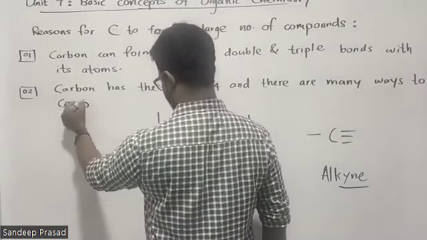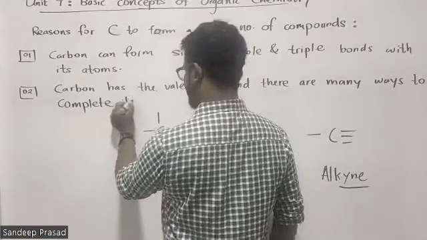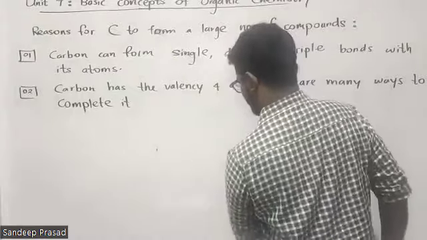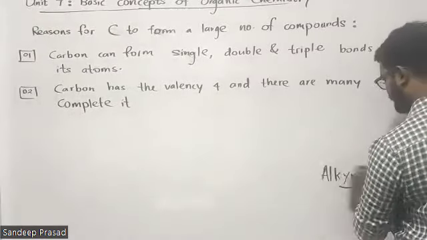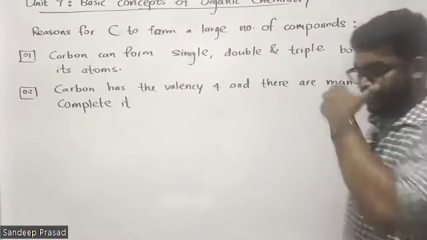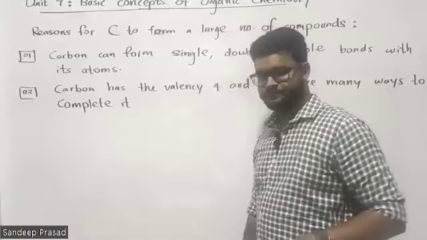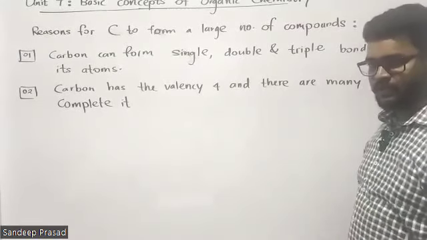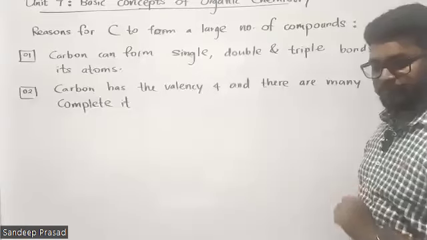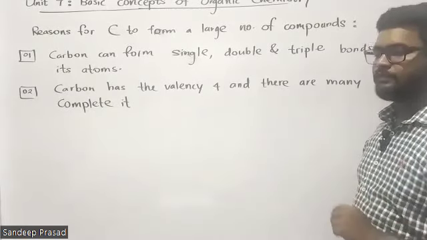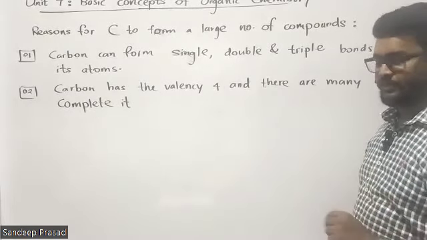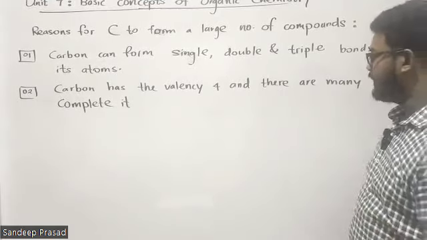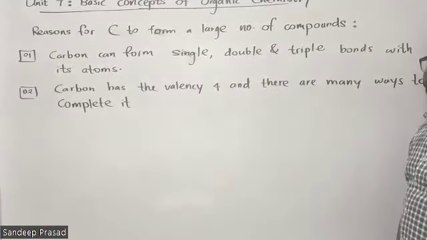Students, when you consider second period elements, the highest main valency belongs to carbon, right? Can you understand? Because nitrogen's main valence is 3, 5 is also there. But nitrogen is not forming 5 bonds. Carbon is forming 4 bonds. Nitrogen can form only 3 bonds. So therefore, carbon has the valency 4. That means 4 bonds can form, and there are many ways to complete it.